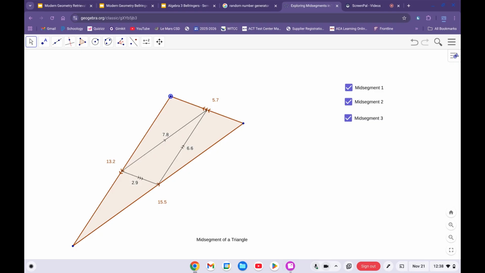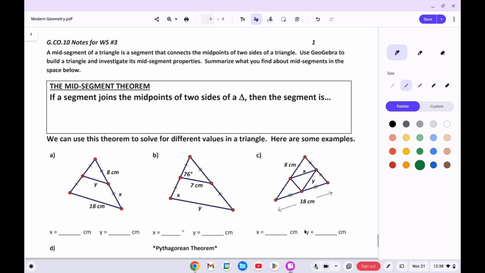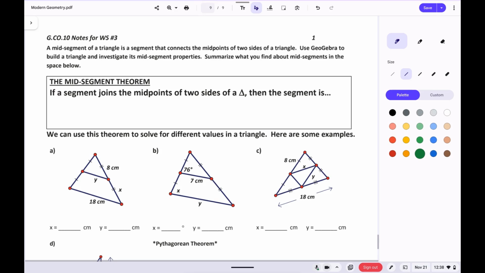Do you guys understand what I'm talking about here? So if you guys go to your notes now, I want us to write that down, kind of summarize our thoughts there so that we can use this to help us solve problems. So coming here, let's write that down in this first box.